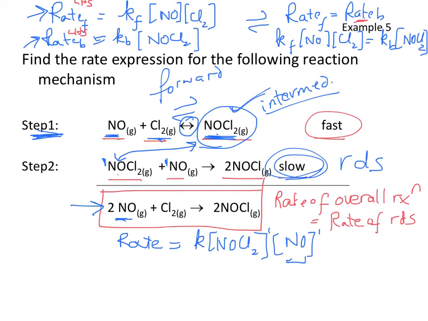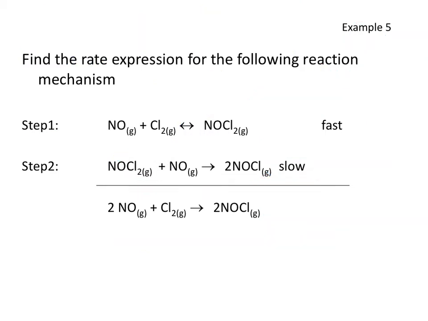And so you should be able to say, if you divide both sides by Kb, essentially you would get Kf times NO times Cl2 divided by Kb, and that will be equal to NOCl2.